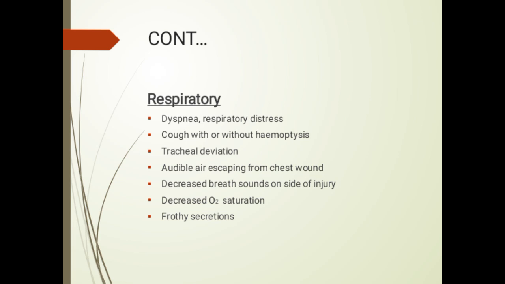We know the trachea is the airway, so the trachea will be deviated. There will be audible escaping of air from the chest; you can feel it, you can hear it. There will be decreased breath sound on the side of the injury, and decreased oxygen saturation. These are the respiratory manifestations and signs and symptoms of chest fracture.